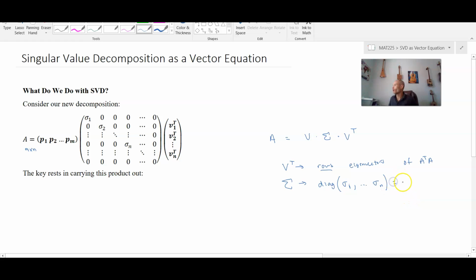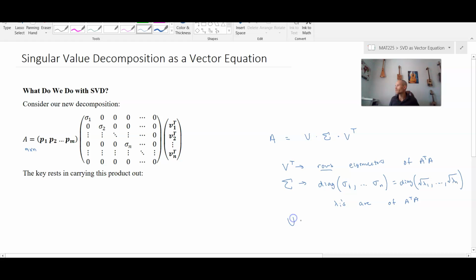And recall that that is the same thing as writing the square root of lambda 1 all the way up to the square root of lambda n, where the lambda i's are all the eigenvalues of the A transpose A matrix. So everything comes back to this A transpose A matrix.